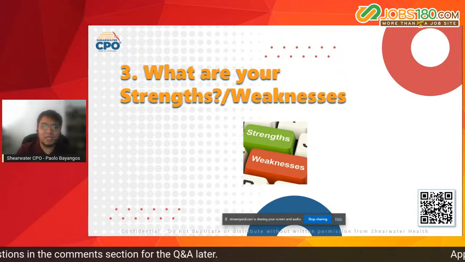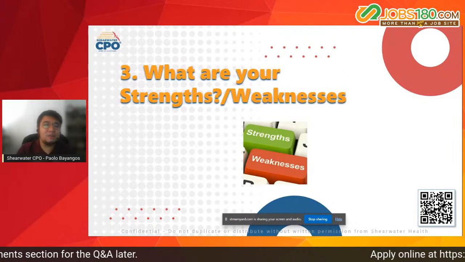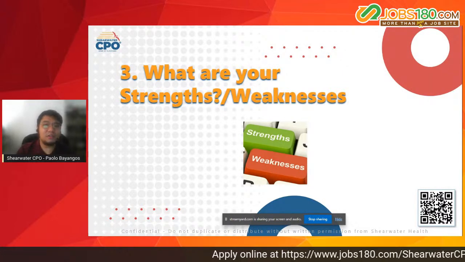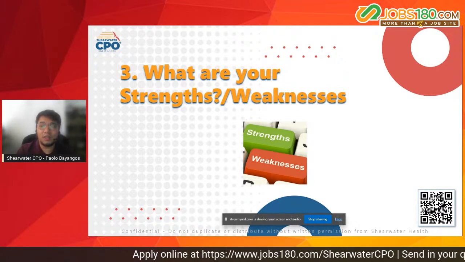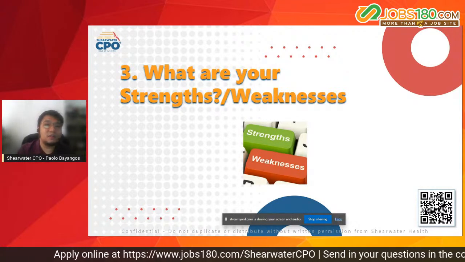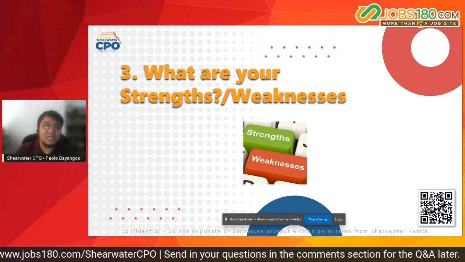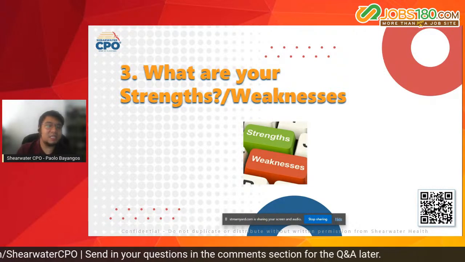Next would be your weaknesses. One thing about weaknesses: never ever share any weakness in any part of the interview if you are not being asked to do so. Unless your recruiter asks about your weakness, do not state it.